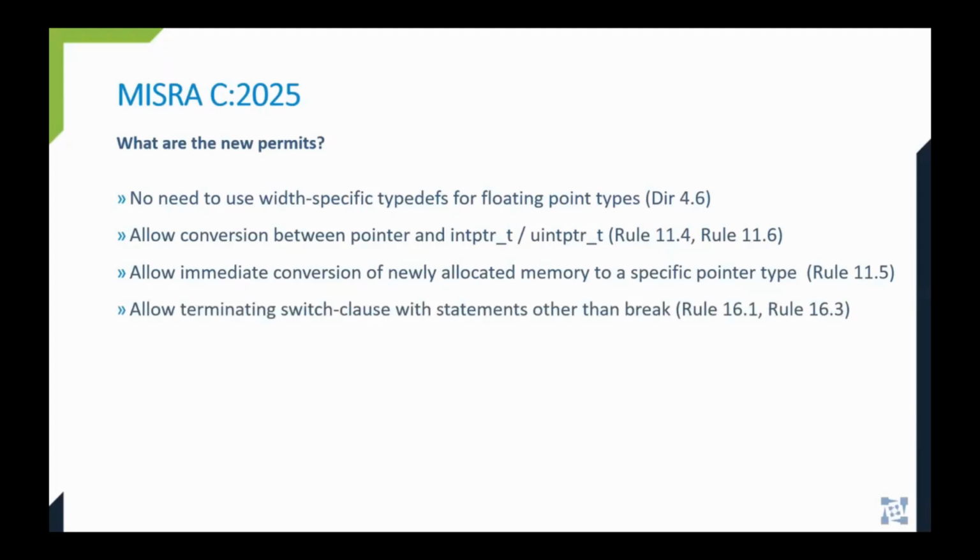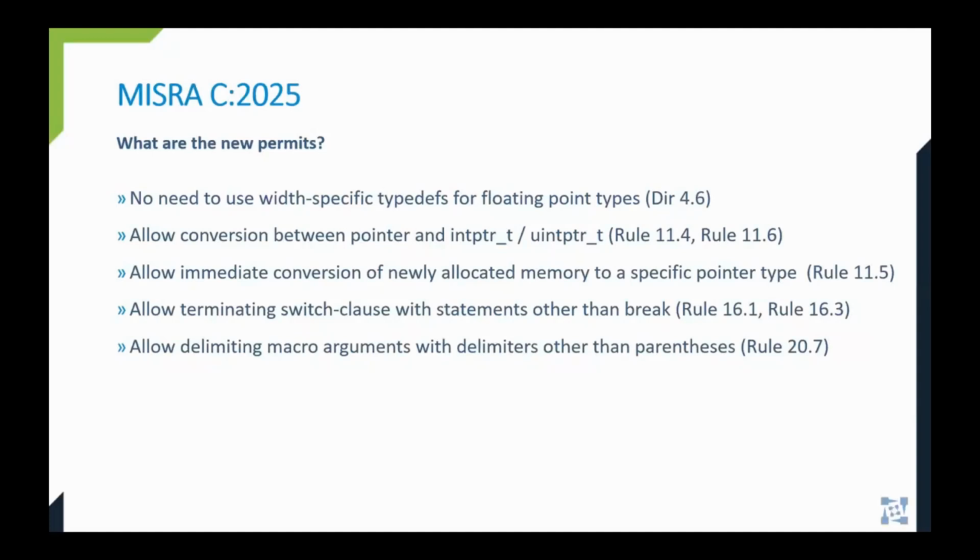Rules on switch statements have been updated to allow terminating switch clauses with statements other than break. Macro arguments constituting expressions can now be delimited using delimiters other than just parentheses, so no need to put parentheses everywhere anymore.